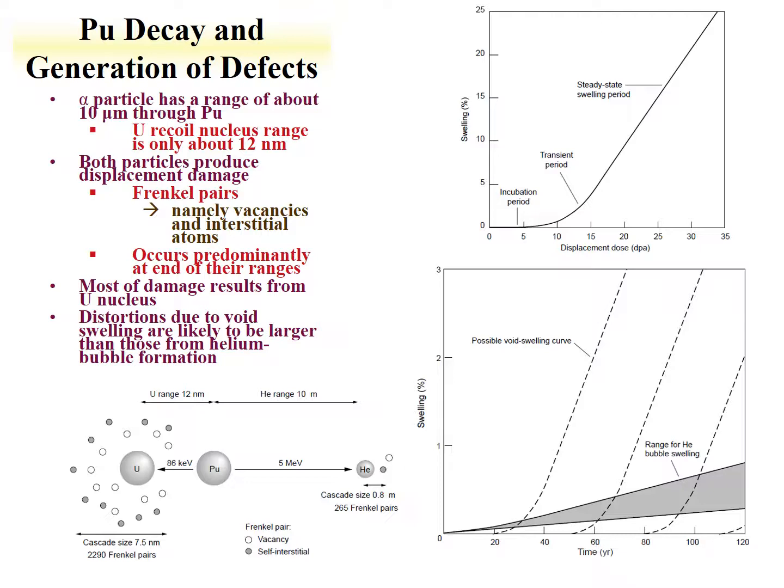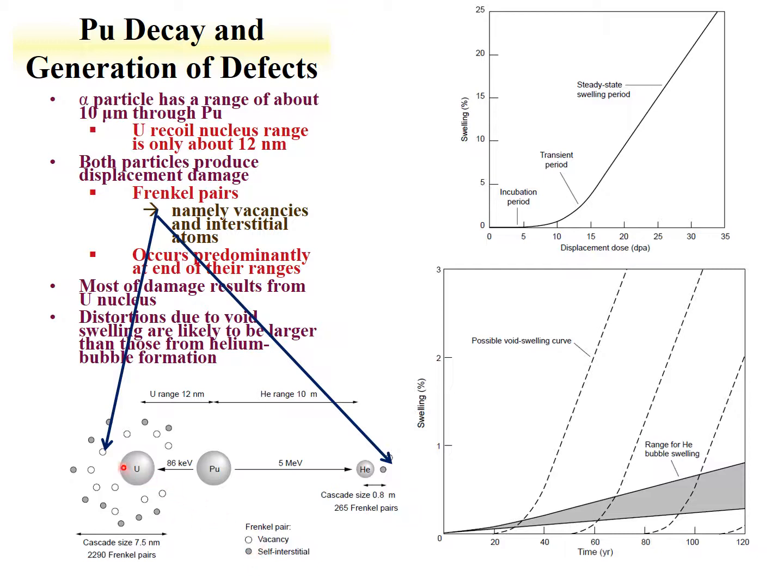And here's an example of some radiation damage. We have an alpha particle, which has a range of about 10 micron through plutonium metal. The uranium recoil is much, much smaller, 12 nanometers. Frenkel pairs are formed through this, where you have vacancies and interstitials.